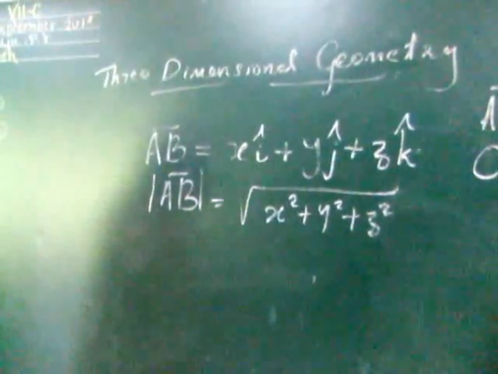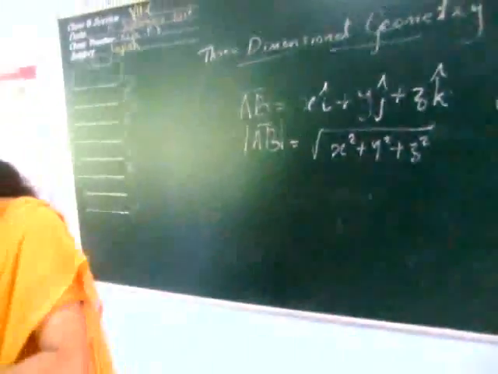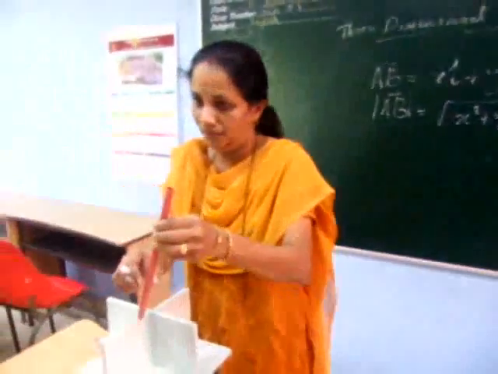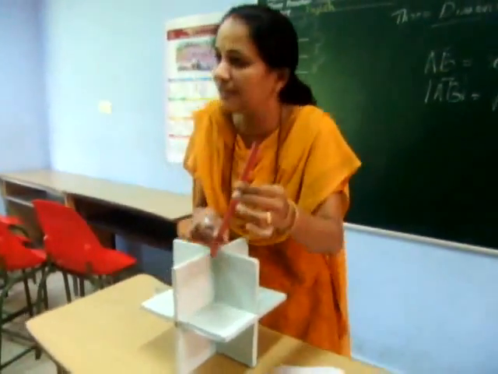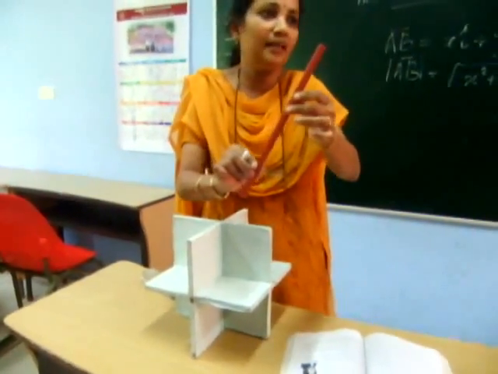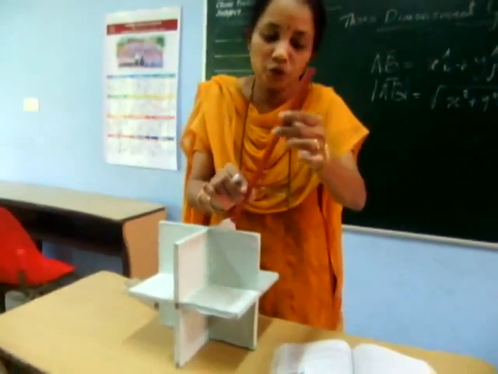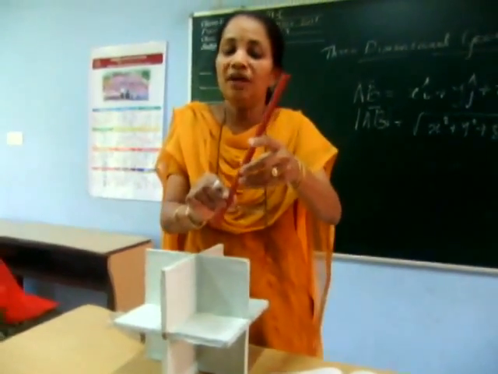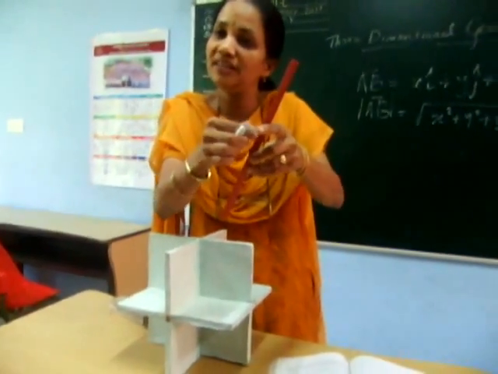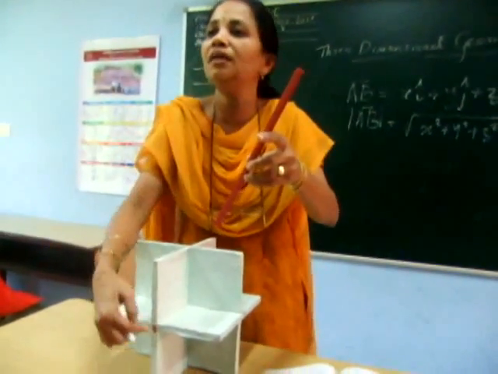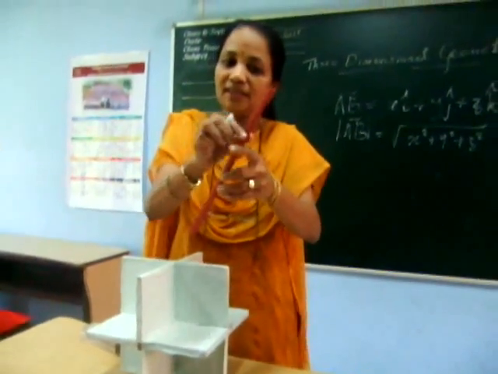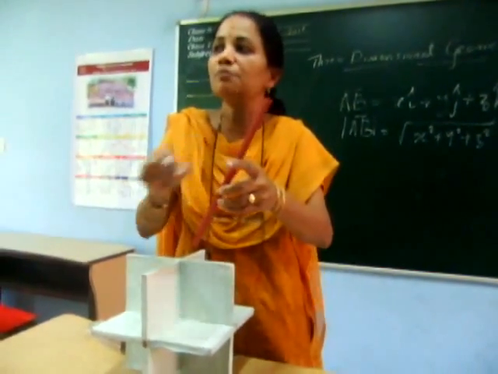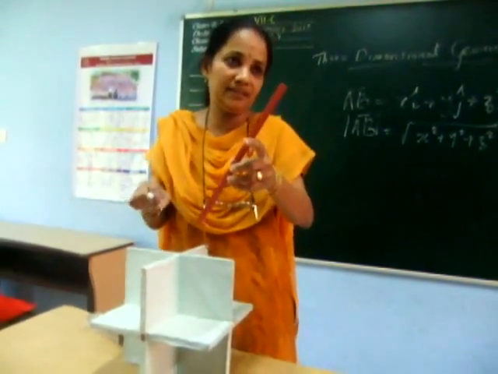Now suppose that we consider a straight line. Straight line means there is a particular position in space. So when we consider a straight line in space, we have to define the straight line with respect to 3 mutually perpendicular axes. So how to locate the straight line with respect to 3 mutually perpendicular axes?